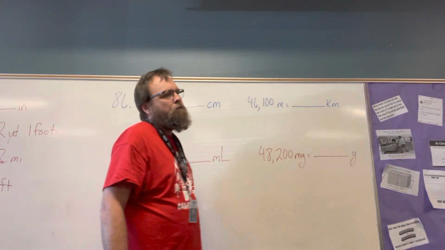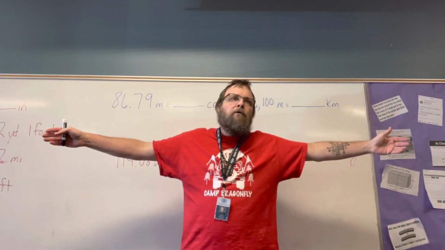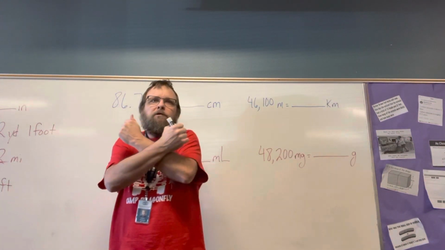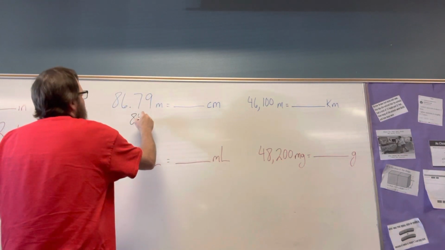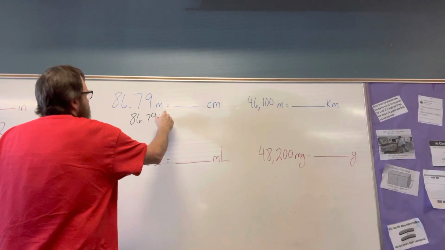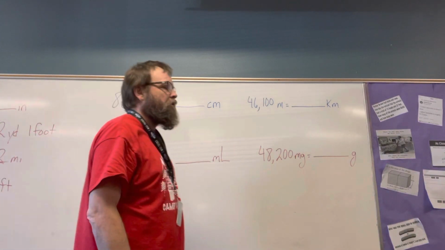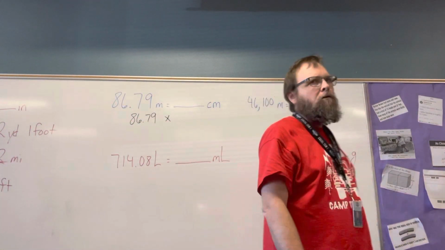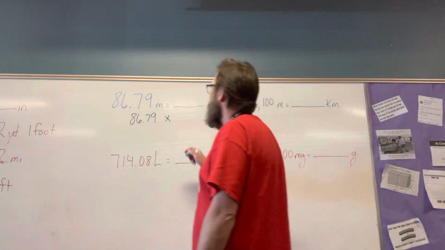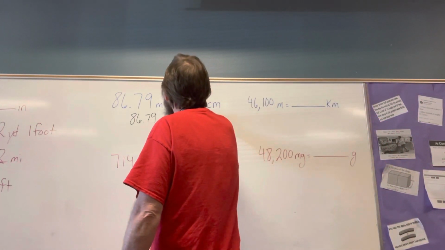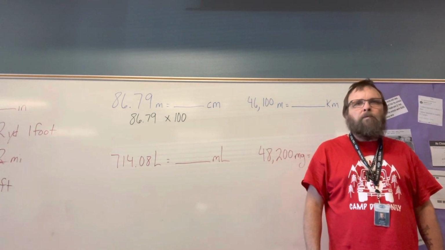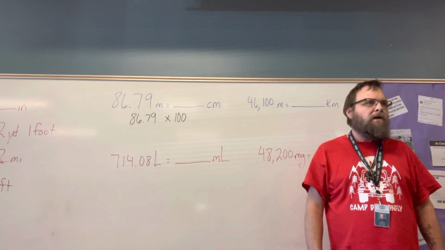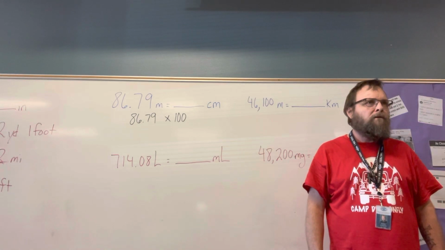Meters to centimeters. Meters are bigger than centimeters, so we multiply. So we're going to multiply 86 and 79 hundredths times how many centimeters in a meter? Good, 100. That means I'm making this number bigger because I'm multiplying it by a number greater than 1.